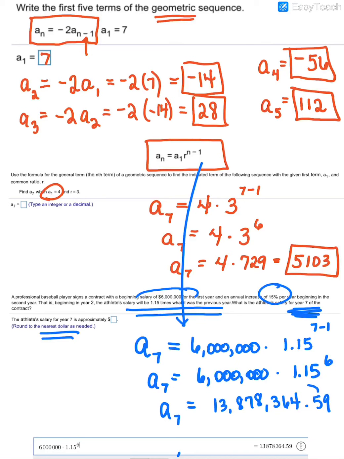So the 59 cents rounds that up, and $13,878,365 would be his yearly salary for that 7th year.